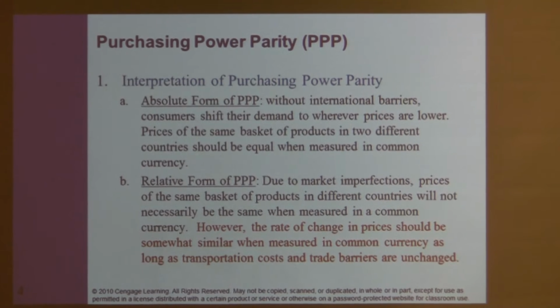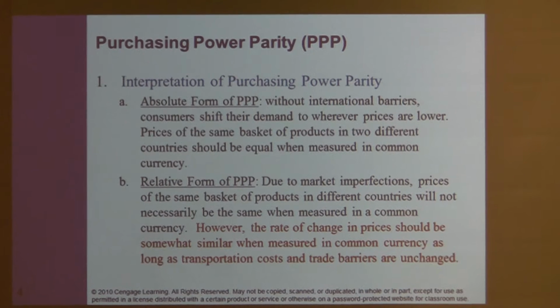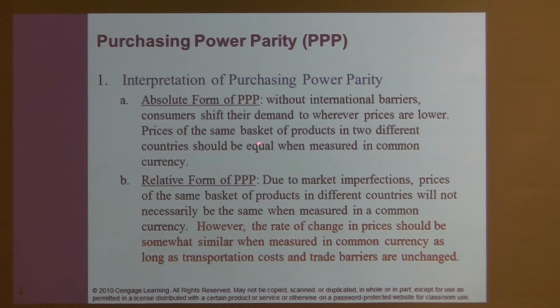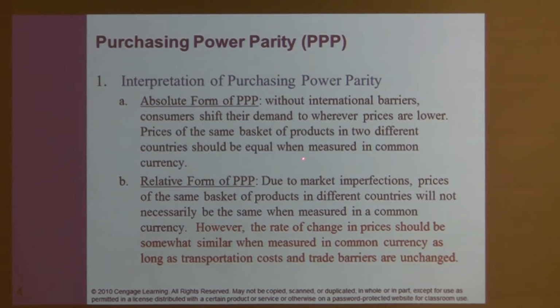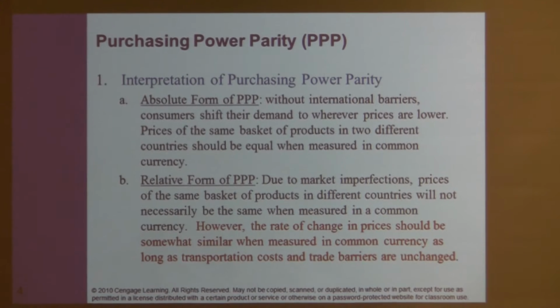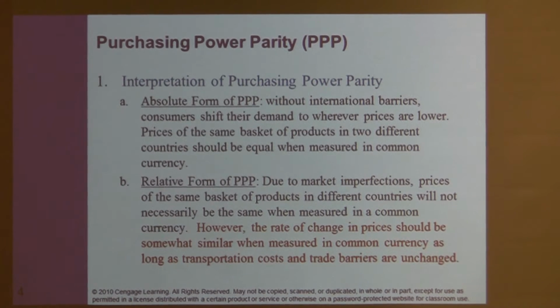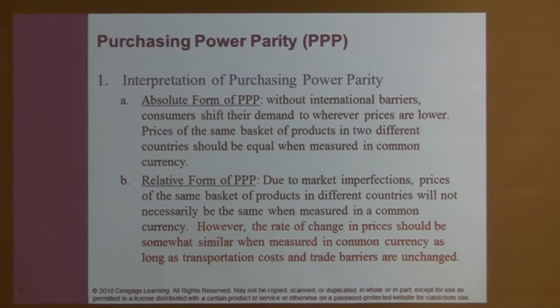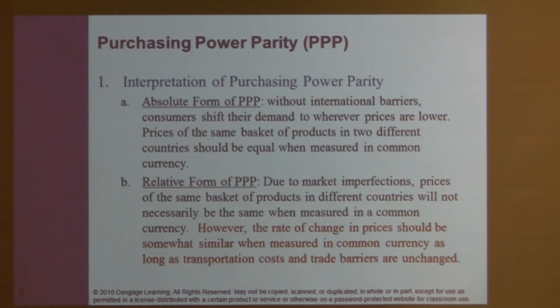What it says is that without international barriers, consumers shift their demand to wherever prices are lower, and prices of the same basket of products in two different countries should be equal when measured in a common currency. So pretty much what I was telling you: when you look at the same basket of goods, let's say you pick 10 items, that should have the same price all over the world. That is the purchasing power parity.